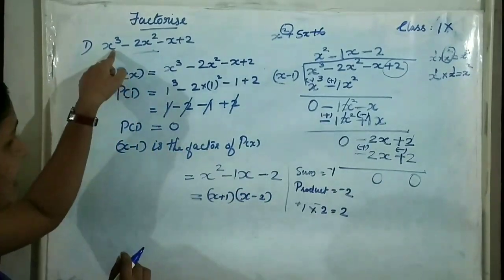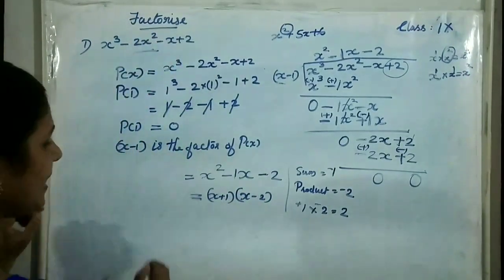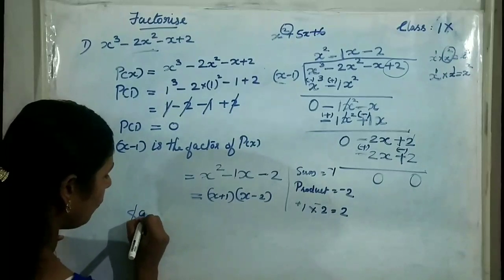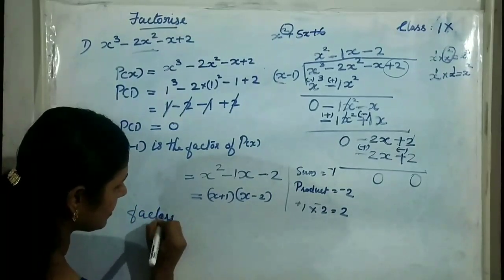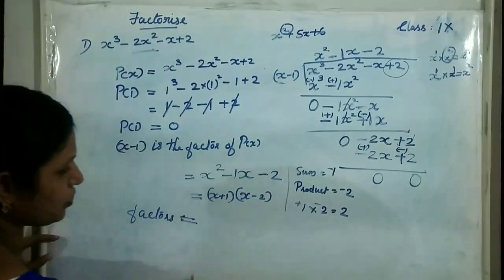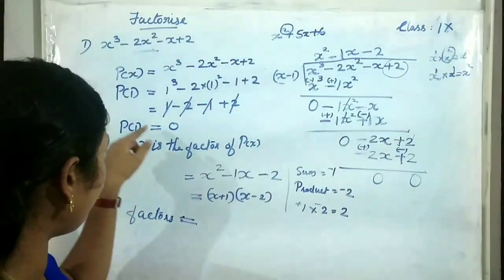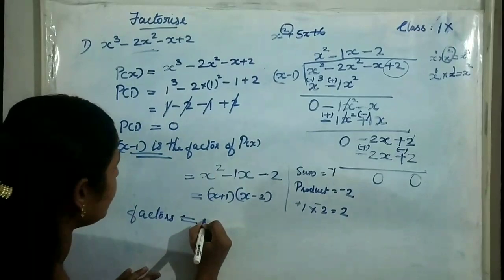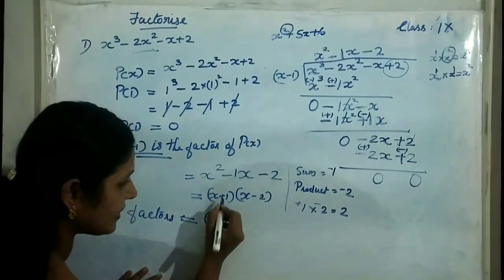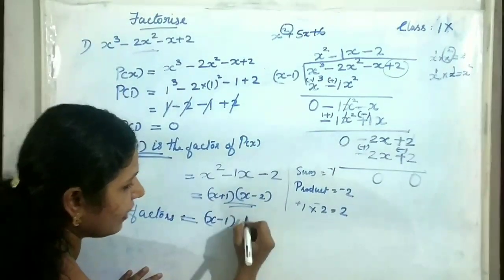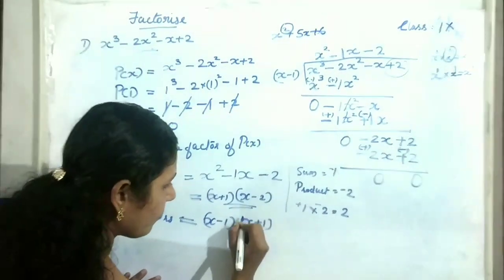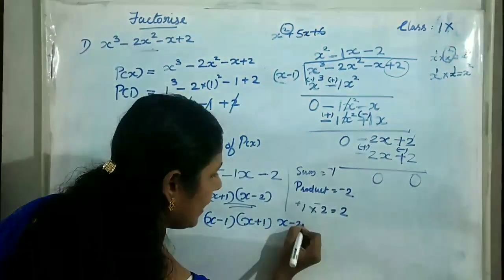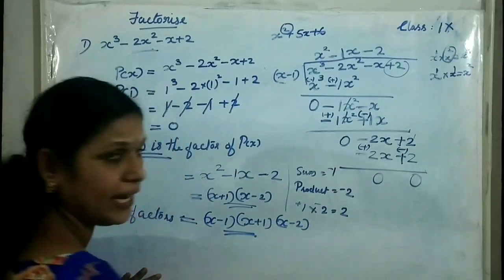We have to factorize these questions. So its factors are, the first factor is what? This is the first factor. So first factor is x minus 1 and the second factors are this one. X plus 1, x minus 2. Okay, understood.